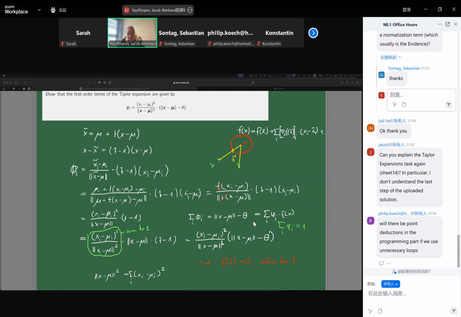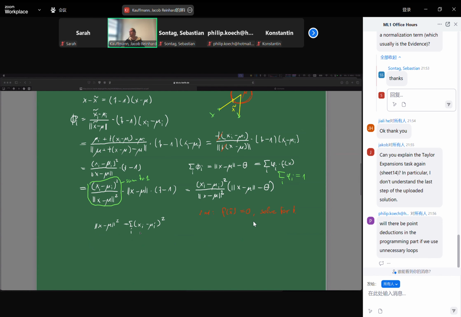I don't understand the last step of the updated solution. This one with the t, right?